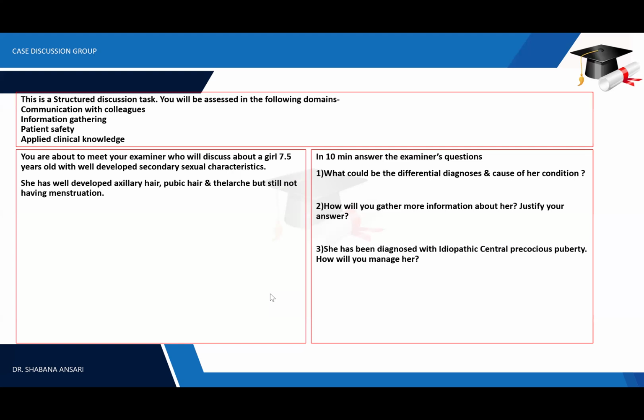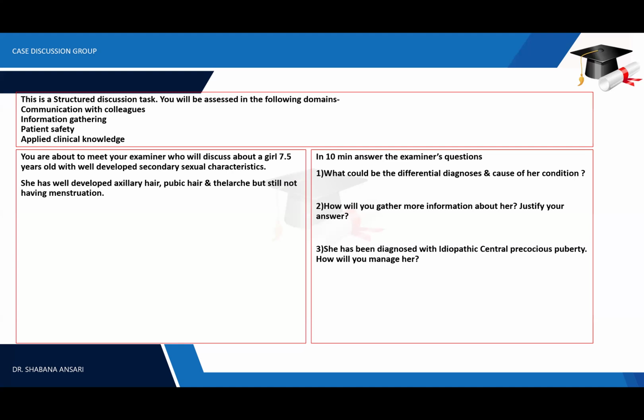Should I start it like a structured discussion, ma'am? Yes, dear, just like a structured discussion, but you will do question number 1 only. Should I start? Yes, start please if you're ready. You will get 3 minutes for question number 1. Of course, I'll be asking a few questions in between. Take it very easy. Start.